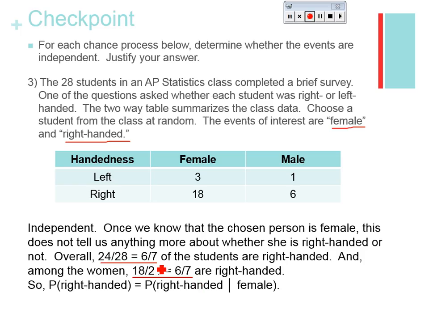And if you reduce each of those fractions, those come out to both be 6/7. So since both of those probabilities are the same, meaning that the probability that someone is right-handed is the same as the probability that someone is right-handed, given that the person that you choose is a female, then we would say that those 2 events are, in fact, independent.